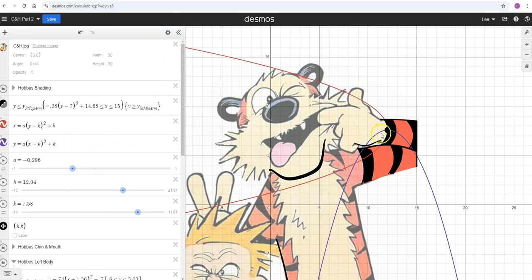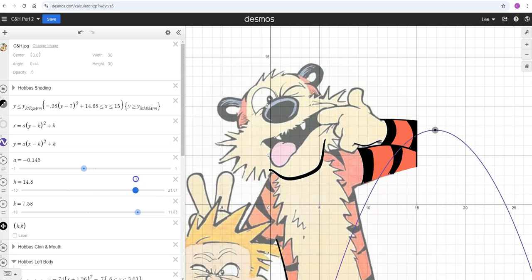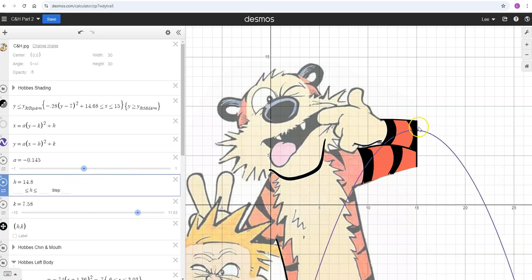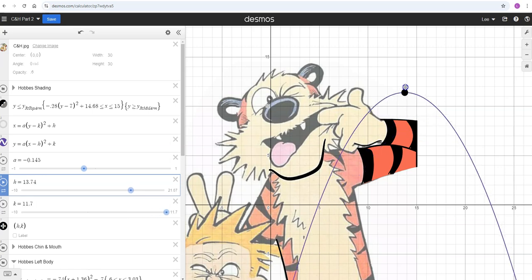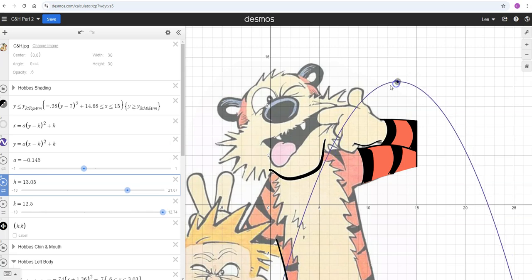And what you can see over here is that usual parabola that we would have with that purple. And if I modify the a, I can stretch it or shrink it. If I change the h or the k, I can move it left or right, that sort of thing. You can even drag, right? I put a point here, that draggable point, so you can drag it wherever you want.